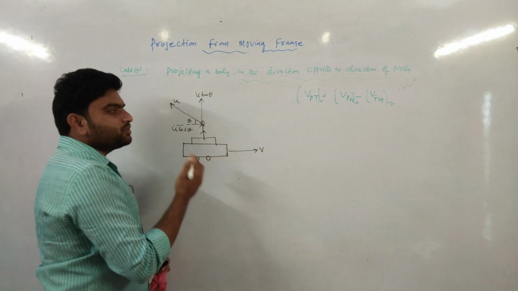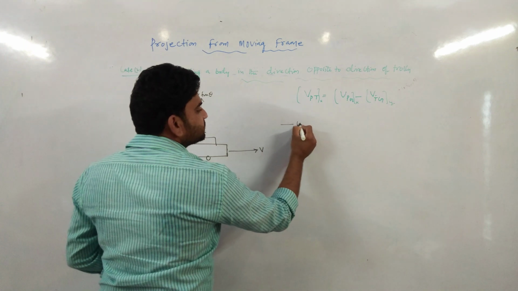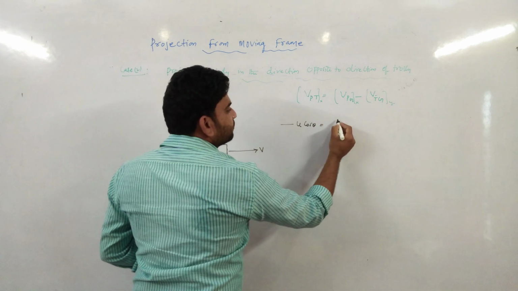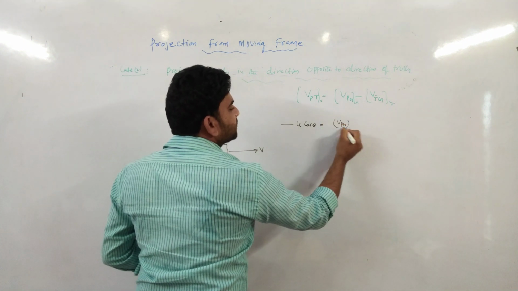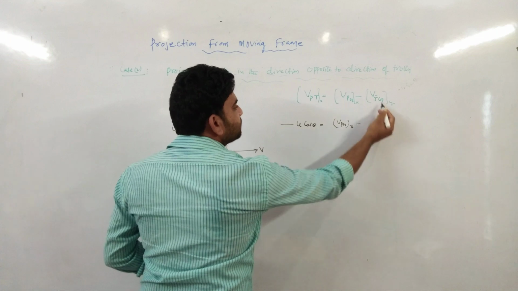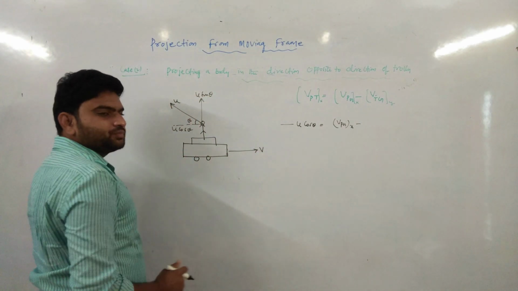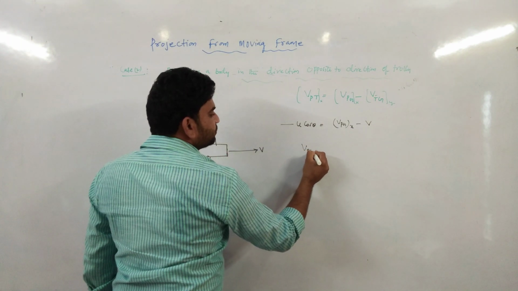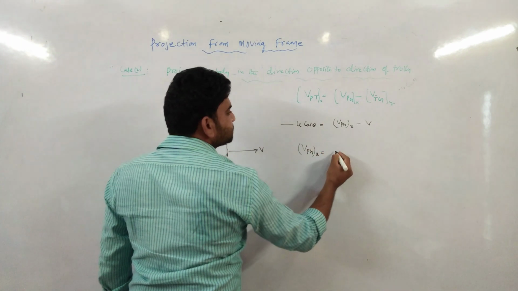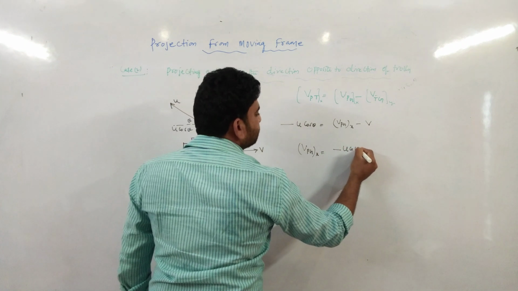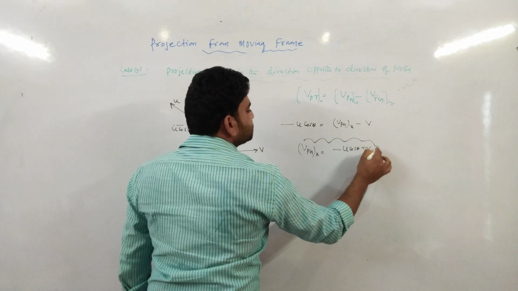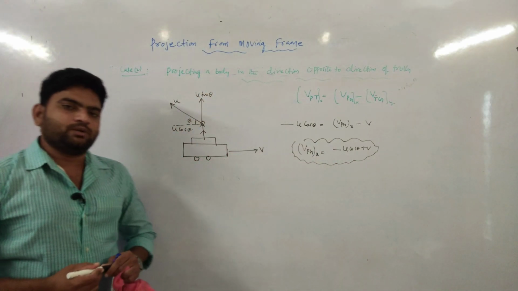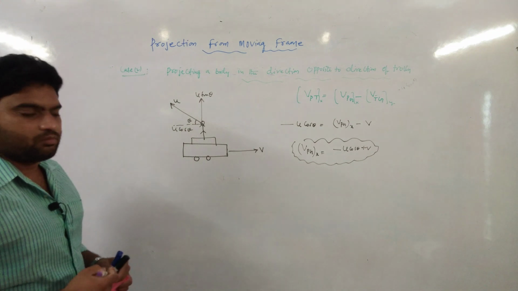As it is acting opposite to positive x, we write it as minus u cos theta, which equals vpg, the velocity of projection with respect to ground in the x direction, which we don't know, minus the velocity of trolley, that is v, right? So it will be as it is. And from here, the velocity of projection with respect to ground in the x direction becomes minus u cos theta plus v. Only one change: we got here minus u cos theta, whereas in case 1 we got plus u cos theta. Now we'll see how the formulas change.